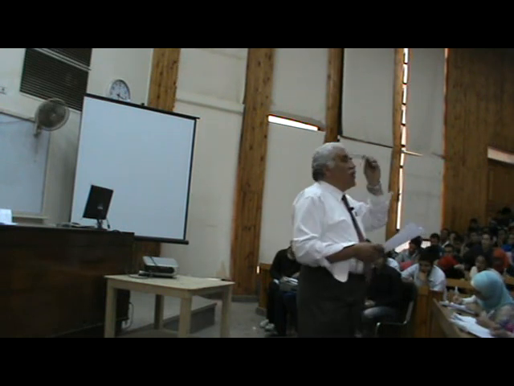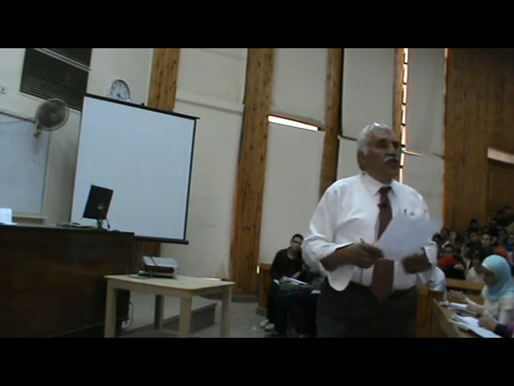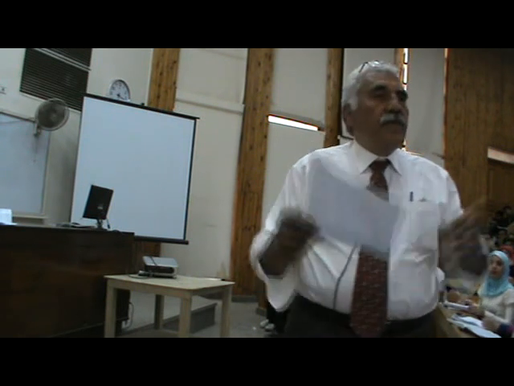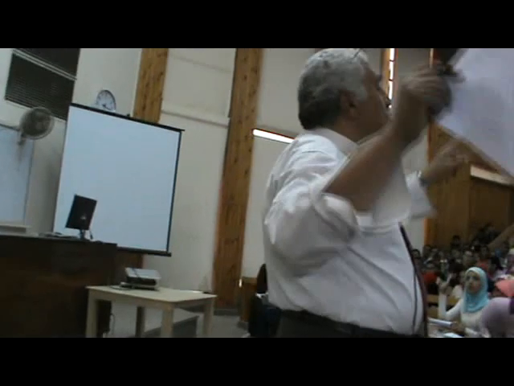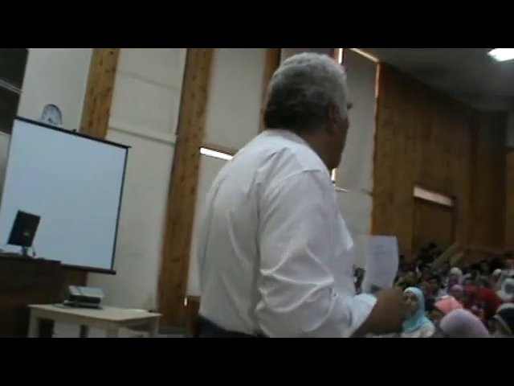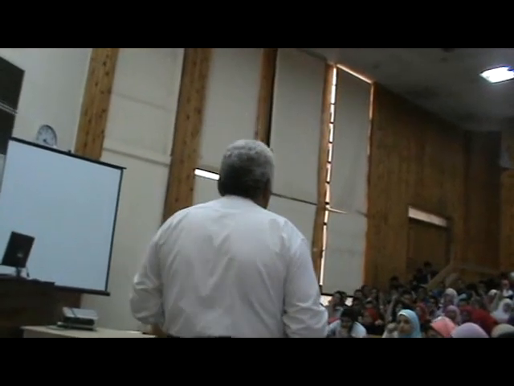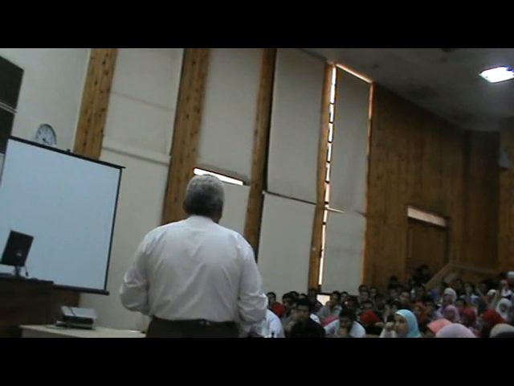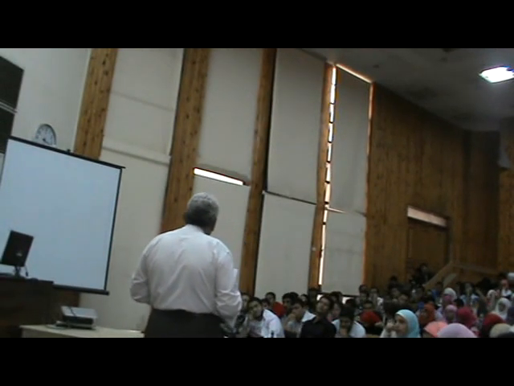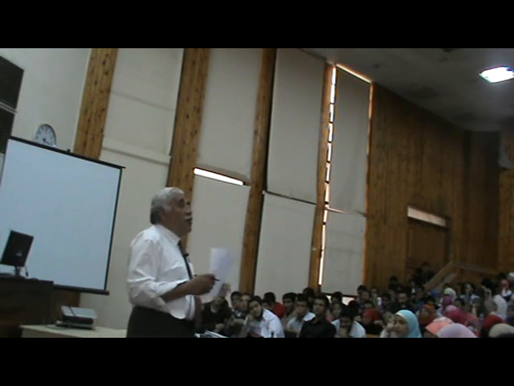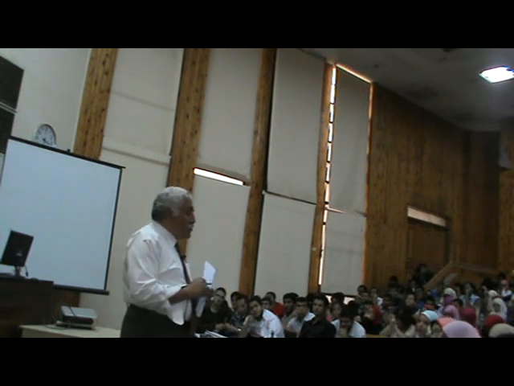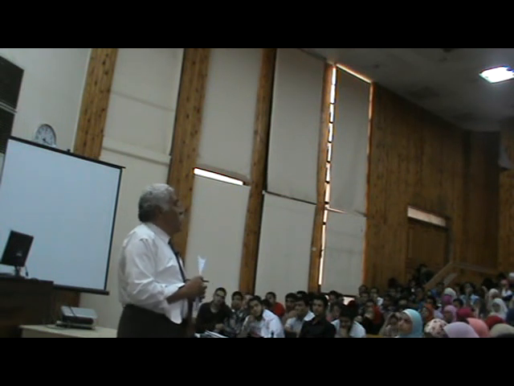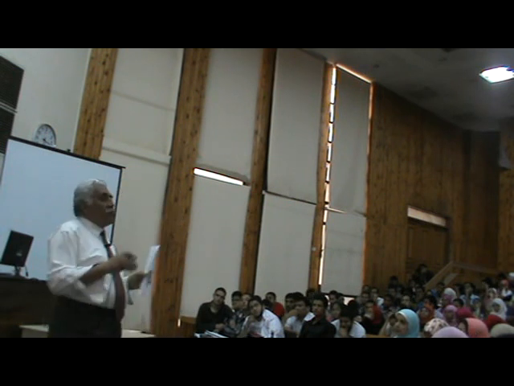What is the function of association fibers? Do you need to connect the function of the frontal lobe with the parietal lobe, with the temporal lobe, with the occipital lobe? Do you need cooperation between these lobes? I'll tell you an example.